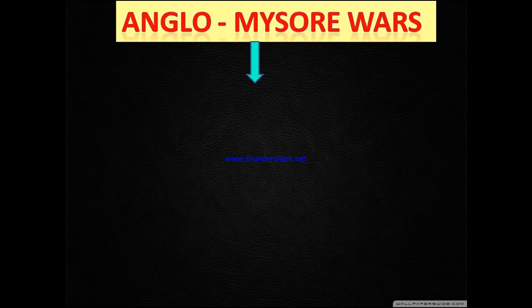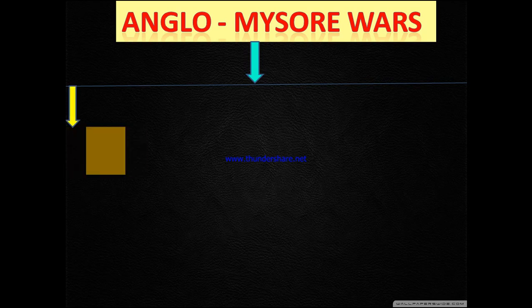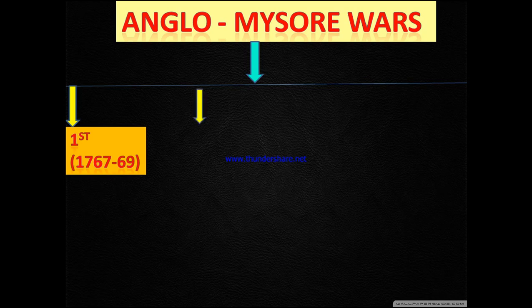Then they attacked the Mysore rulers, because at the time the Mysore kingdom was one of the largest and most powerful kingdoms, under the control of Indian rulers. So there were four wars between the East India Company and the Mysore rulers.